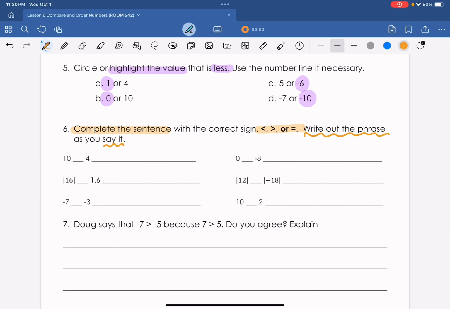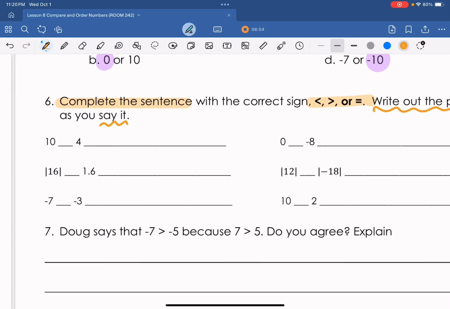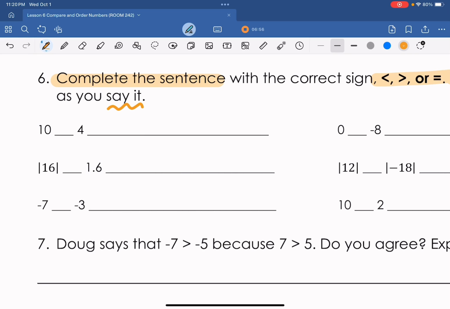Okay, so 10 is greater than 4. Actually, let me make that a little bit smaller for you. Because 10 is further to the right than 4 on a number line. And how I would write this would be 10 is greater than 4, right?